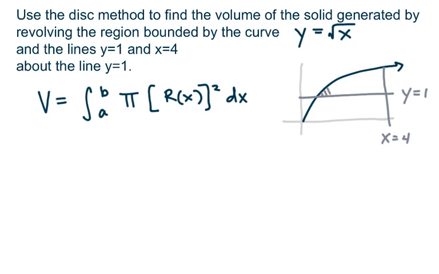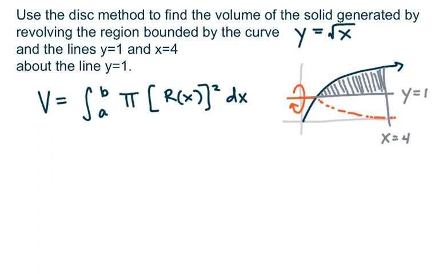So that means we are taking this region enclosed here, and we want to rotate it about the line y equals 1. So ultimately, once we do that, we'll have this cone-like shape here.